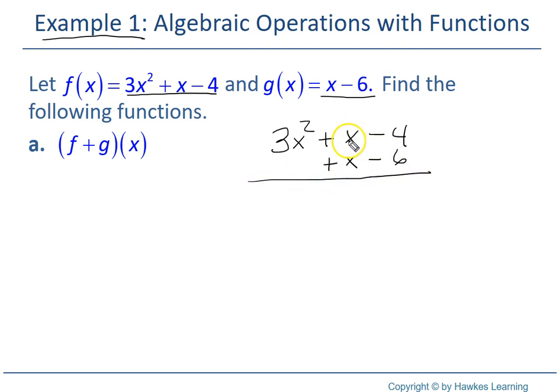Now, normally we don't write the 1 in front of the x, but if you want to for your calculations, that would be okay. So now we just add them up. 3x squared plus 2x minus 10 is our answer. So again, they're giving you some background on what these things mean and then how to execute it.